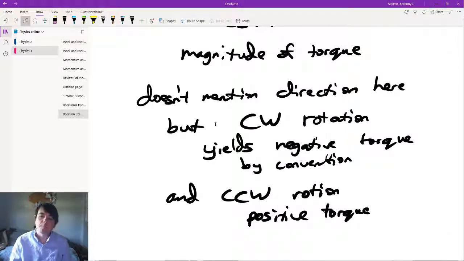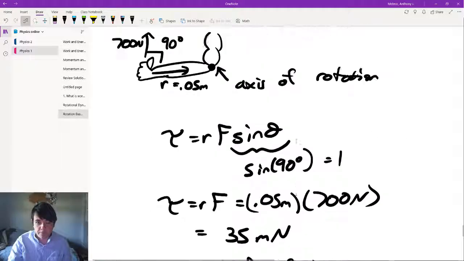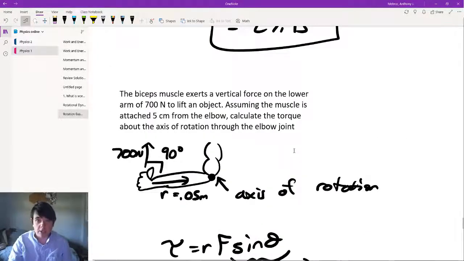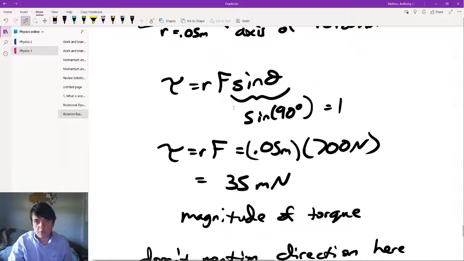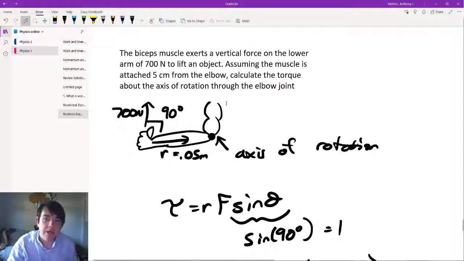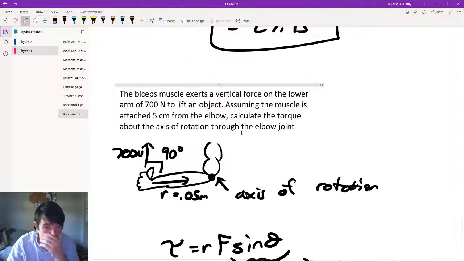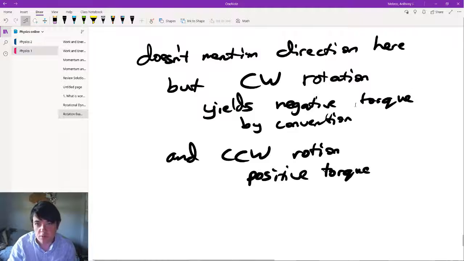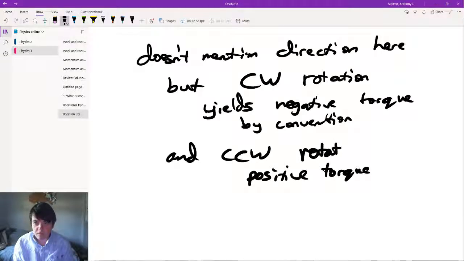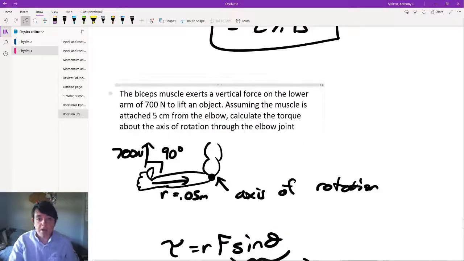And this torque, remember, is perpendicular to both, so it will be into the page or out of the page. Clockwise is into the page, counterclockwise is out of the page. But we're not really doing anything with the right-hand rule or direction too much this time. You just need to know if it's positive or negative torque, and you can do that with the rotation. If you get into physics 2, you'll start doing more with this, because there's another thing that uses the cross product there. But that's just this problem.